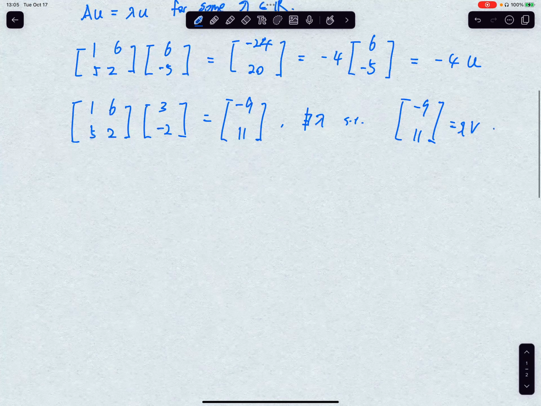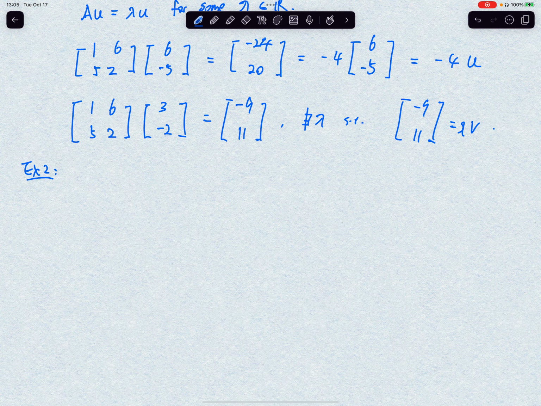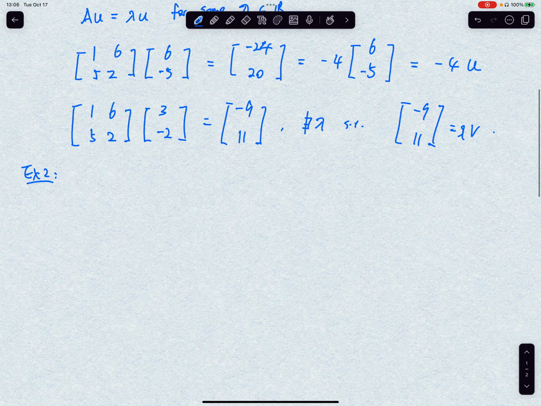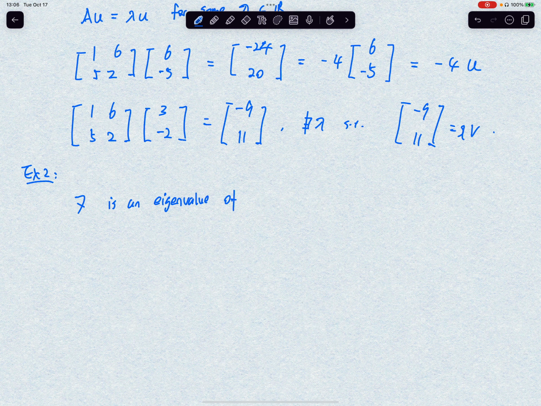And let us do another exercise. Now we are given an eigenvalue 7. We see that 7 is an eigenvalue of matrix A, where A is defined the same as above, and we want to find the corresponding eigenvector.